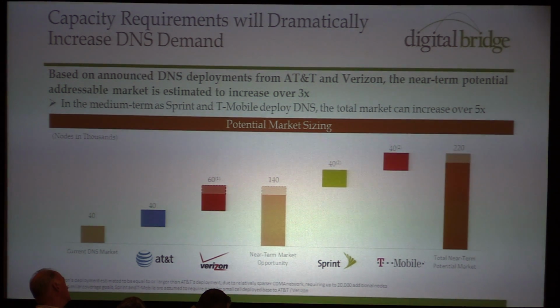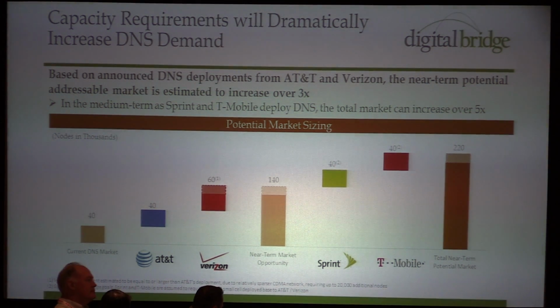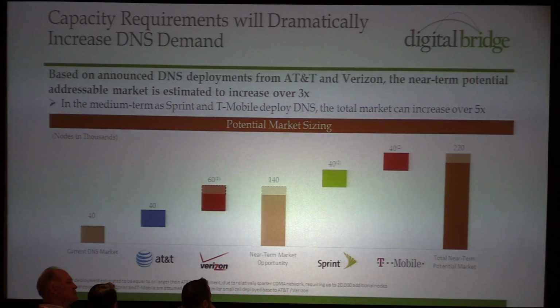Sprint's the wild card. We believe Sprint is a big player in small cell. We believe Sprint will deploy a lot of CapEx in small cell. How they do it will unfold over the next couple of months, but we believe Sprint is a huge opportunity for everyone in this room. And then, of course, T-Mobile. We think T-Mobile, which is traditionally a laggard in CapEx, will have to respond in small cell. They're already responding.